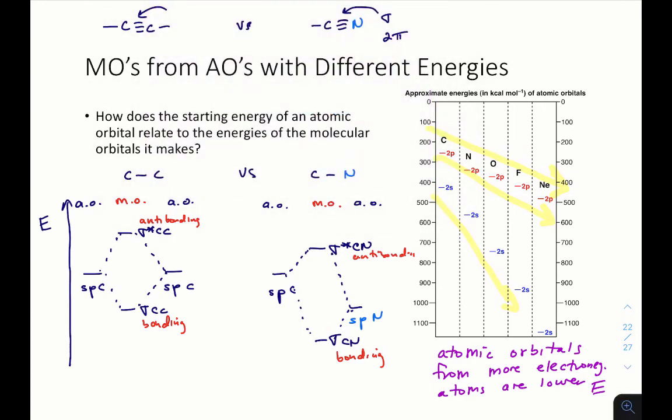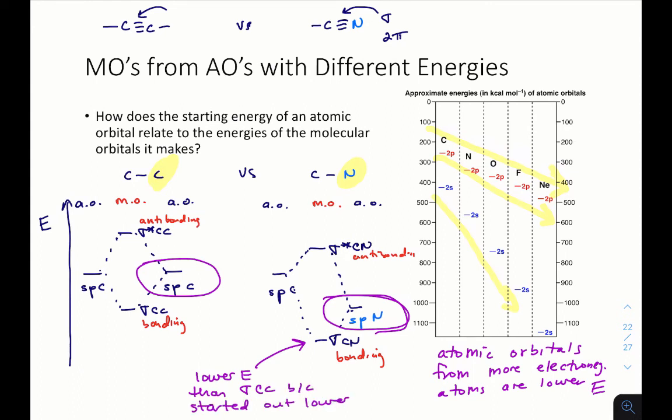A couple of things. We notice that the sigma CN bonding orbital, made when the more electronegative nitrogen atom bonds with carbon rather than another carbon atom bonding with carbon, so we're comparing nitrogen bonding with carbon versus carbon bonding with carbon, is lower energy than the sigma CC because it started out lower energy due to being made from the more electronegative nitrogen, which has lower energy atomic orbitals.